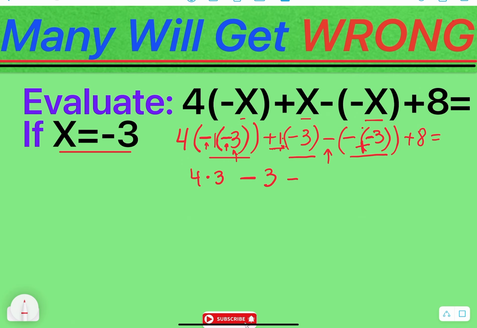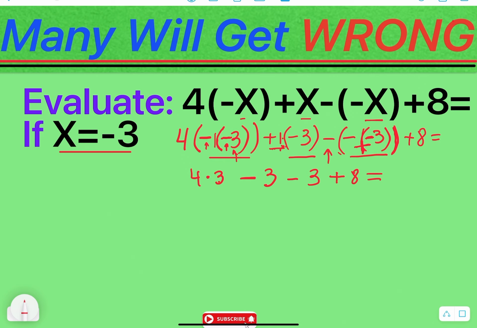You can make a clue like negative, this parenthesis sign, and negative, you can make this a plus sign. This will be positive 3, but we have a negative outside of the second parenthesis, so this negative remains here. Negative and then positive 3. Then plus 8 equals.